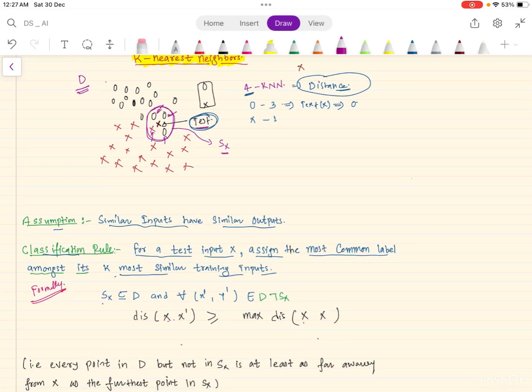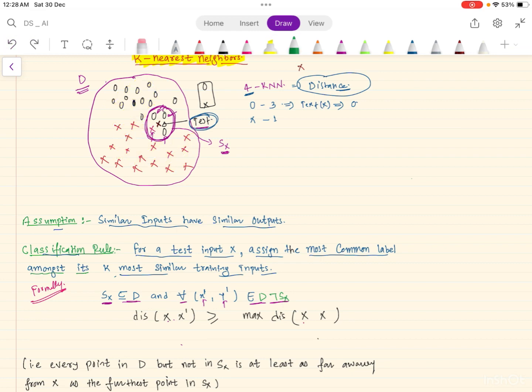We can say that Sx is a subset of D. This is your D and this is your Sx. And for all (x', y'), which belong to D but do not belong to Sx, all these points are the (x', y'), right?